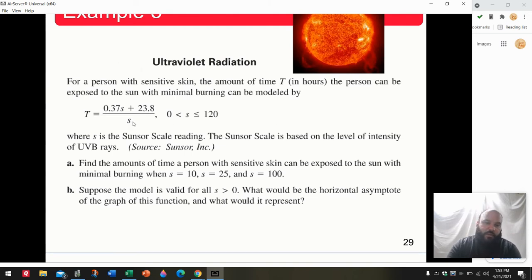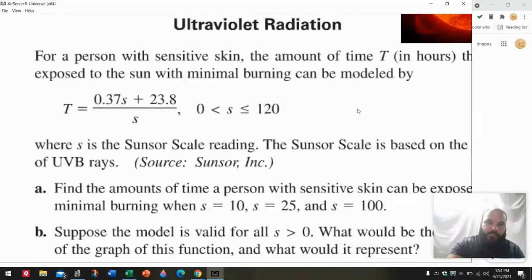So let's take a look for a second. How do we find horizontal asymptotes? Remember, vertical asymptotes are found when you set the bottom equal to 0. Horizontal asymptotes are found when you compare the top and the bottom powers. Looking at the power in this particular problem, we have S to the first here and S to the first here, so the powers are the same.